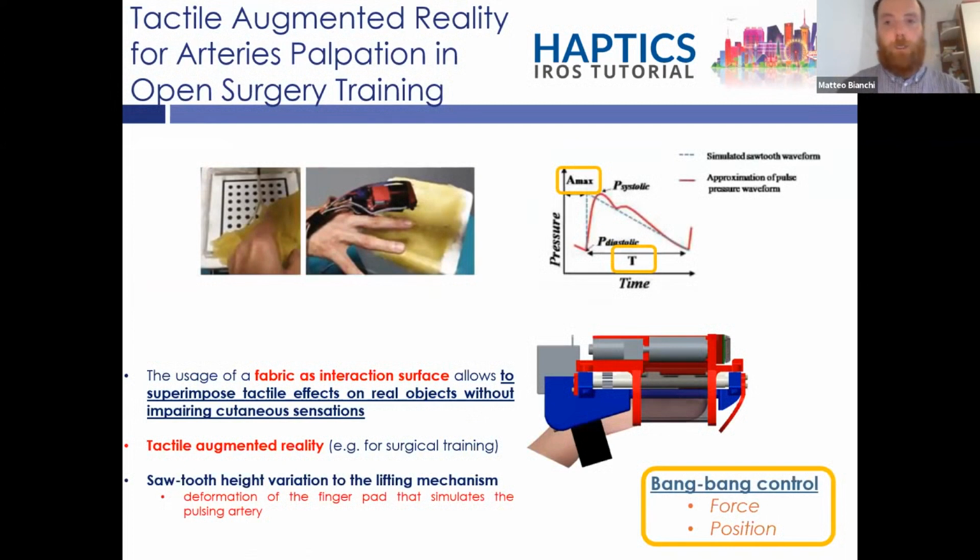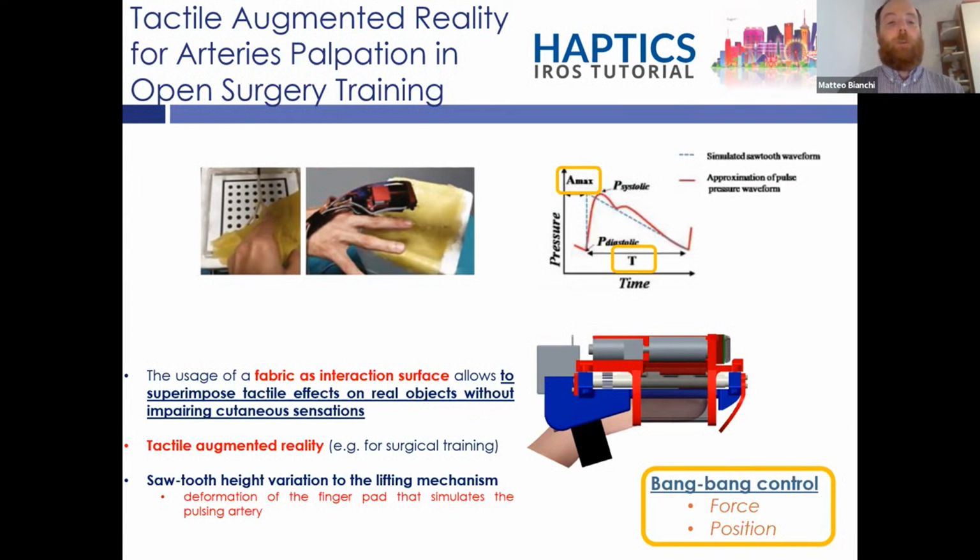Basically, we did a work where we were asked to superimpose the effect of an artery pulse while the physicians experienced and palpated artificial organs. So the artificial organs replicated the mechanical characteristics of the human organs, but they wanted to have additional effects like an artery pulse.